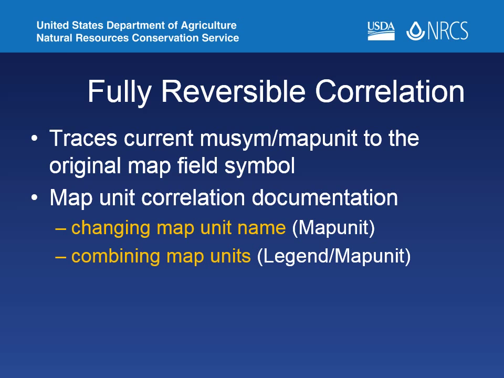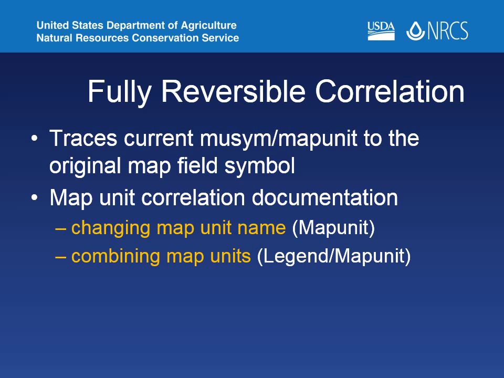You can also, in the legend and in the map unit, identify the combination of the map units. For example, if you had an alpha and a beta in an initial survey and you wanted to combine those into an alpha beta complex, then you'd be able to combine the alpha and the beta, leaving the originals preserved, and combine them into a new one.